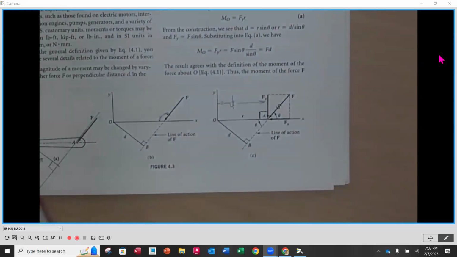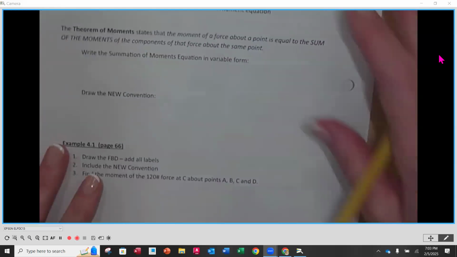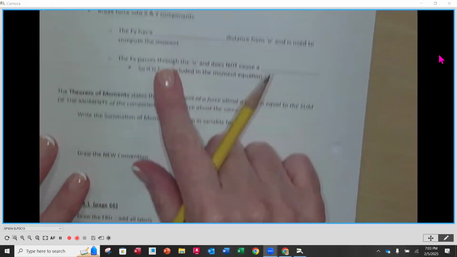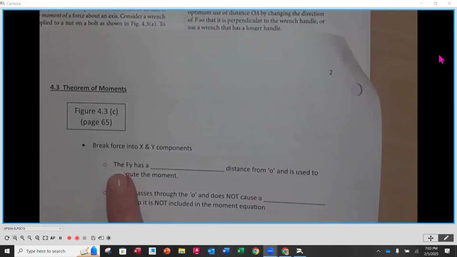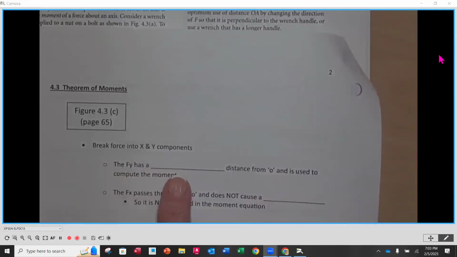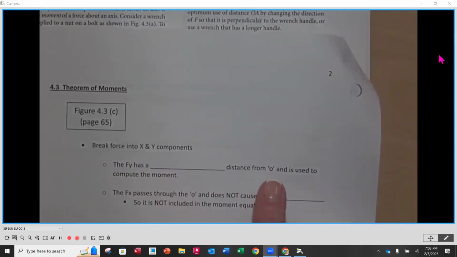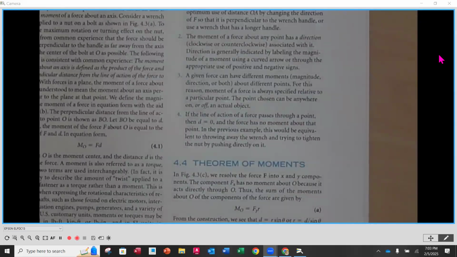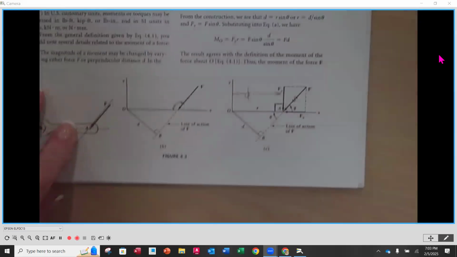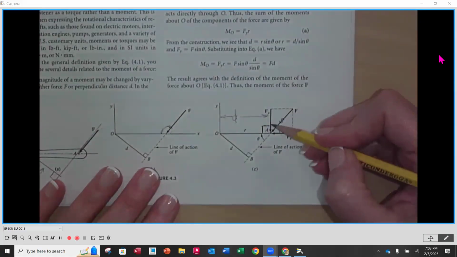On page 2, it says break the force into X and Y components. In this case, the Fy has a perpendicular distance from the origin and is used to compute the moment. If we look at our Fy in that example, Fy is right here.